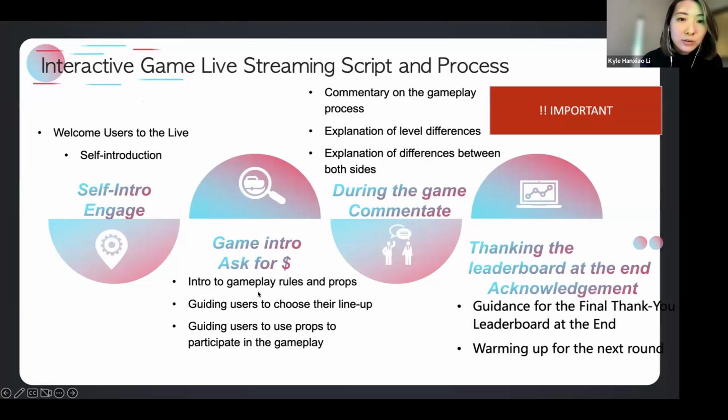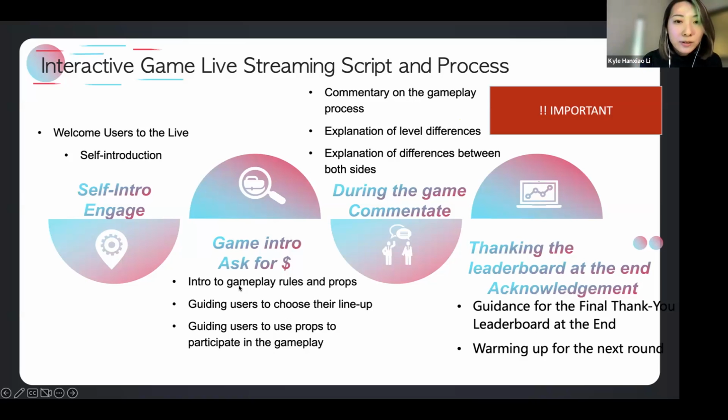For example, if we are doing a combat game, tell the audience, for example, to join the red side, type A or type 1 in the comment, or to join the blue side, type 2 or type blue or type B in the comment as well. And then we can also guide the users to use their prompts to participate in the games.